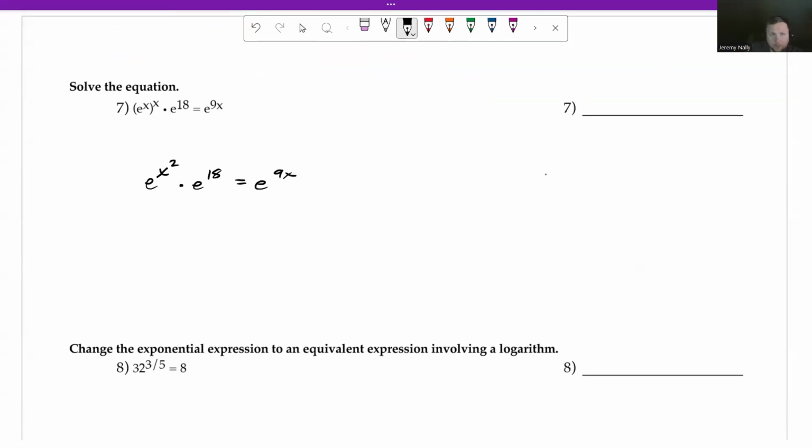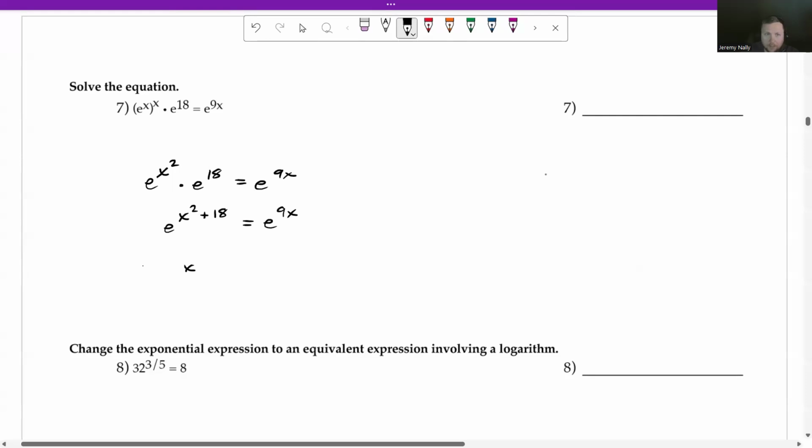So now, since these are multiplying and they have the same base, I can add the exponents and rewrite this as e to the x squared plus 18. And now that each side of this equation is written in terms of a power of e, I can just set the exponents equal. So I have x squared plus 18 is equal to 9x.